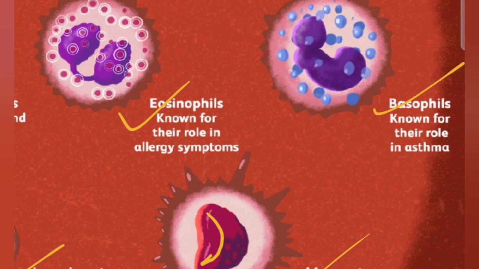They are motile, meaning they move here and there, and they are phagocytic in nature. You know the meaning of phagocytic: they engulf solid particles, and thus they engulf the invaded foreign bacteria or viruses that get inside our body.